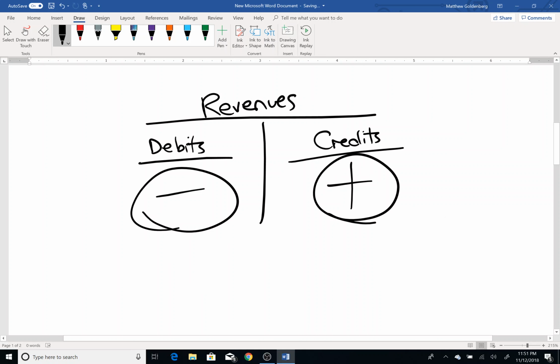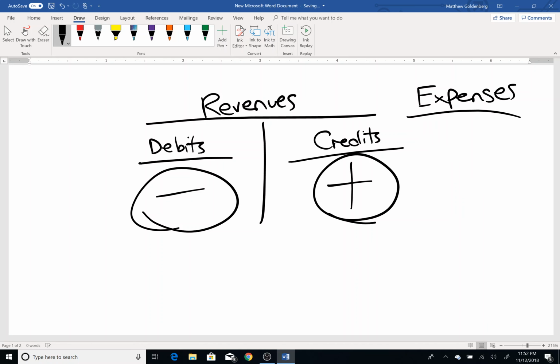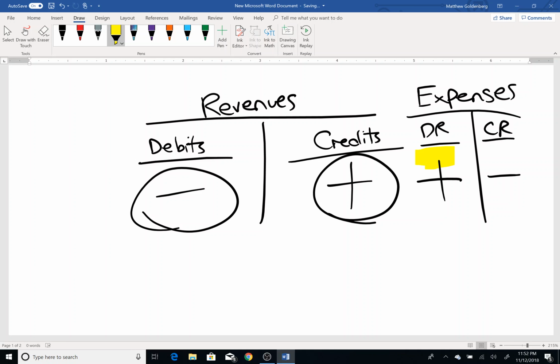Next to it, and I'm going to write this a little smaller because I ran out of space, it's expenses. And it looks the opposite. So debits, this is going to be positive, and credits, this is going to be negative. For expenses, when you're adding an expense, you add it right there.